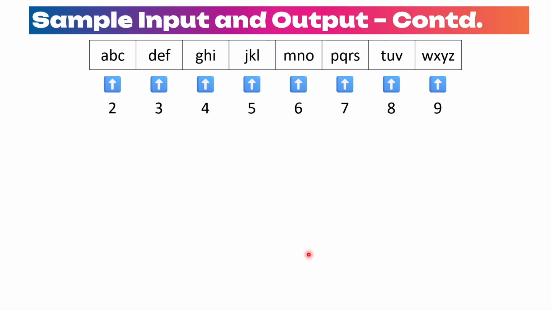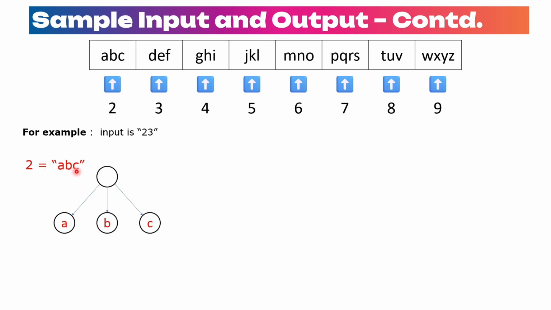Let's see it by clear visualizations. So as I said earlier, this is how the mapping will follow. For the example input string 23, the first digit in the input string, that is 2, will be considered, and the possible characters of the digit 2 are A, B, C, represented as a tree for easy understanding.